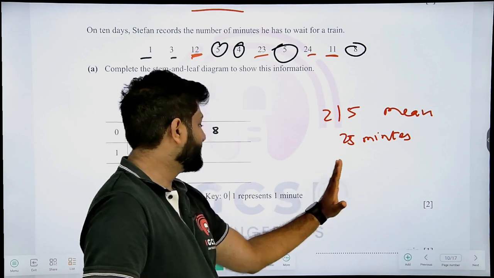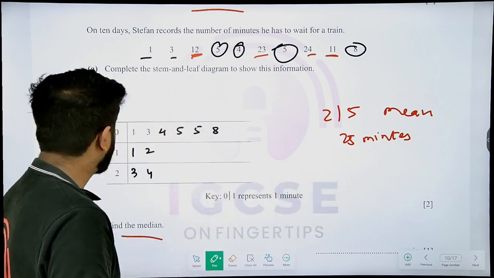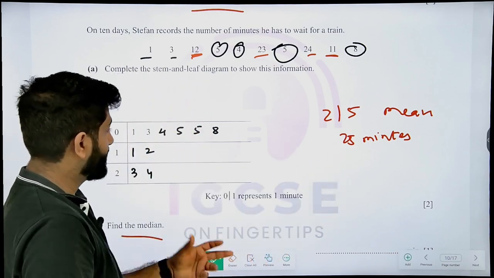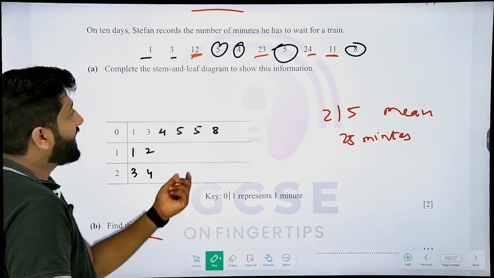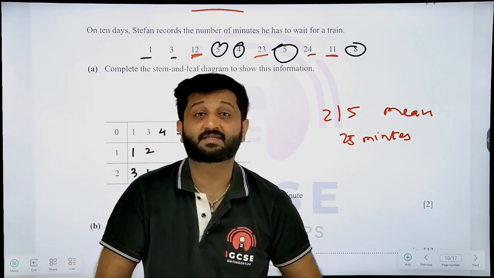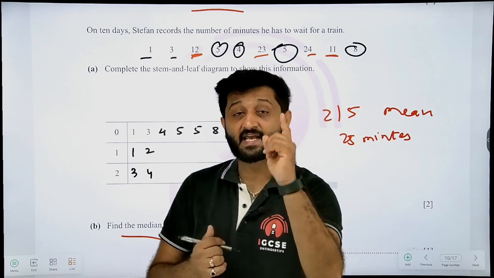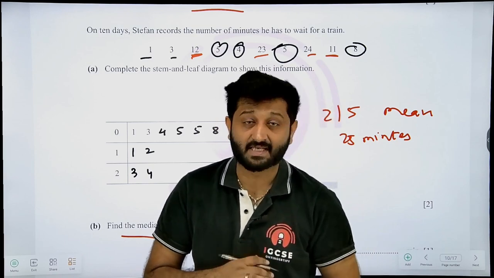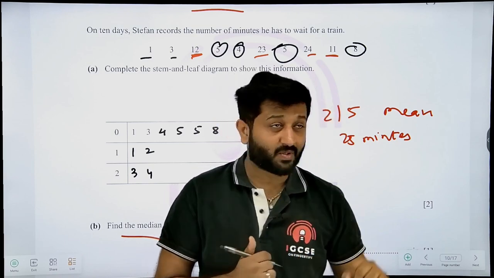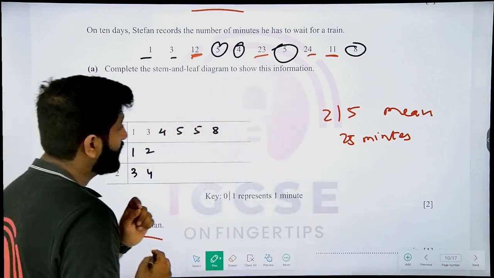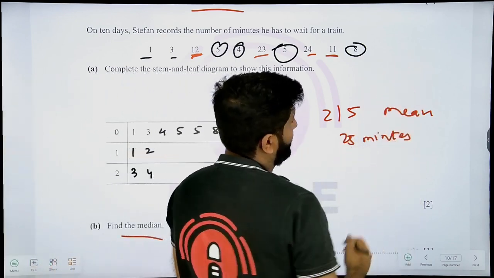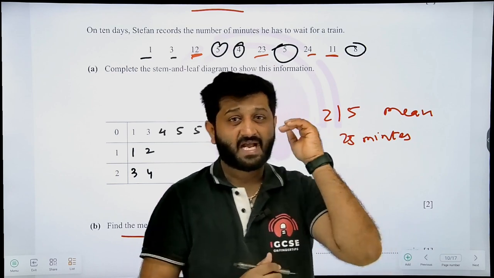Now guys, what is median? Median is the middle term. I know that I have 10 observations, which means the number of observations is even.